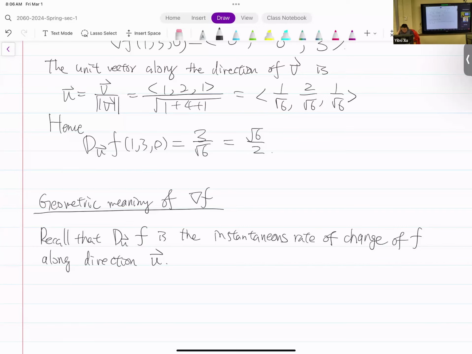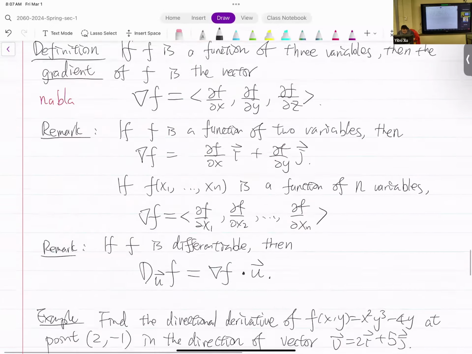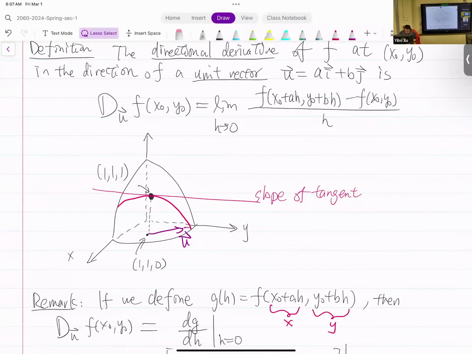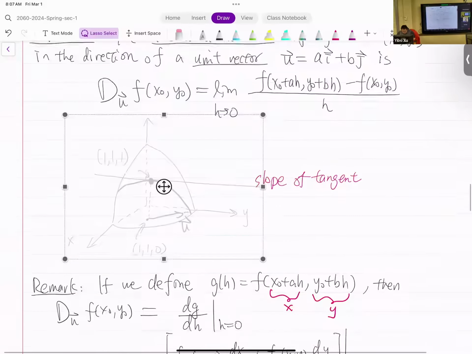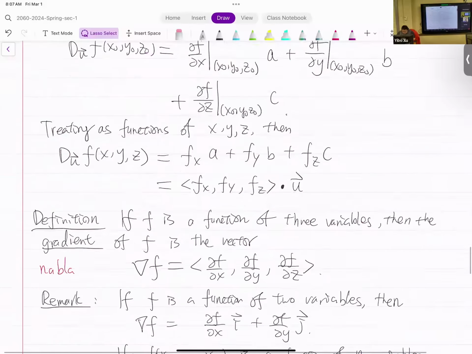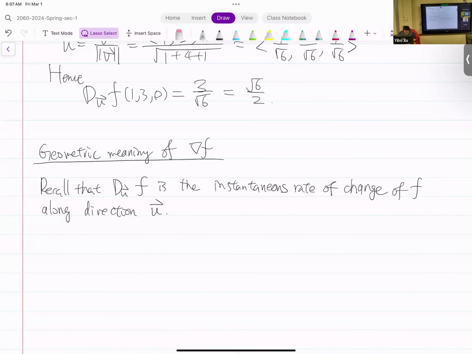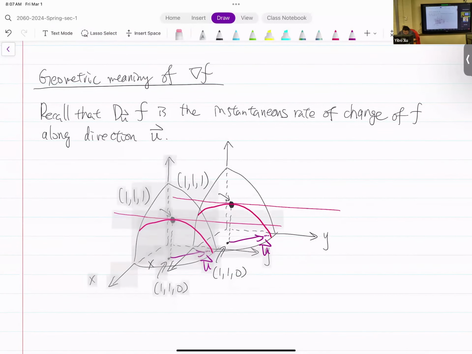So let's look at one of the previous figures and copy that down. So basically, we chose the direction u, and then along that direction we got a slope tangent, right? If you go along this direction u, you are actually slightly decreasing your function, because you're traveling along the red solid curve.